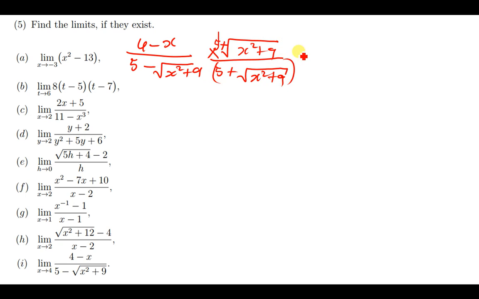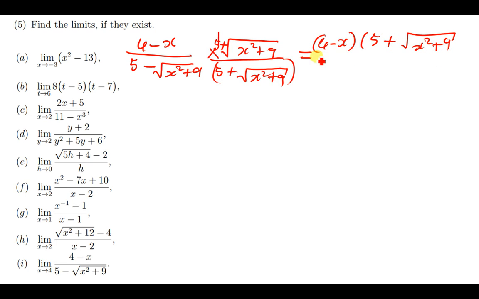So on top we can write it as 4 minus x, then everything over, this multiplied by 5 plus the root of x squared plus 9.